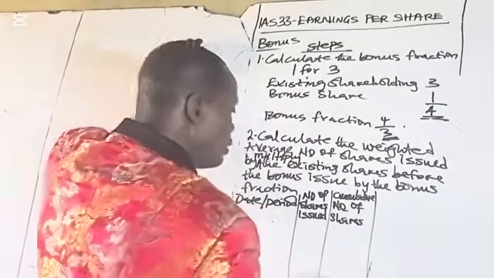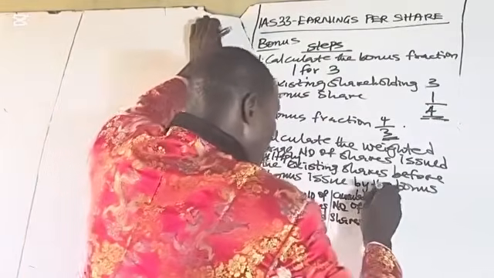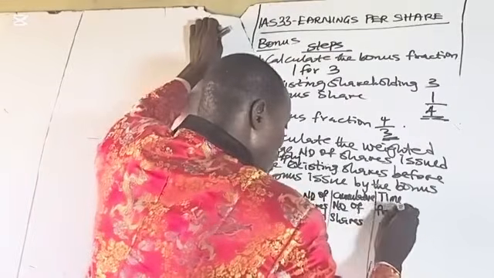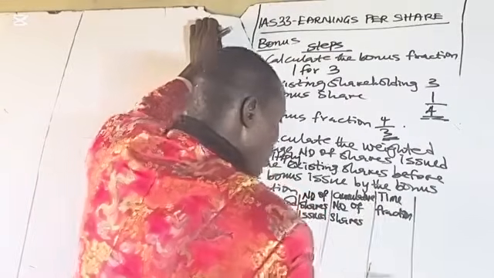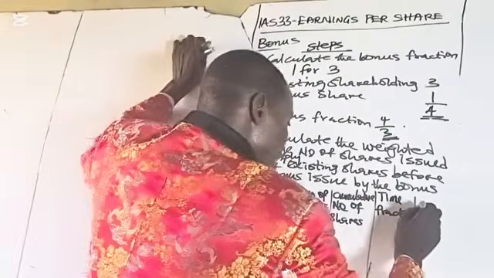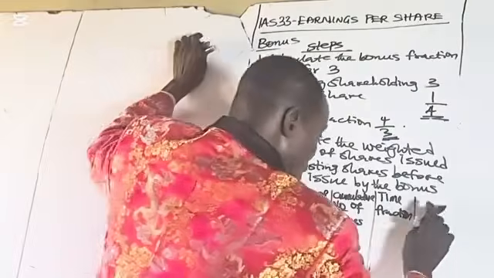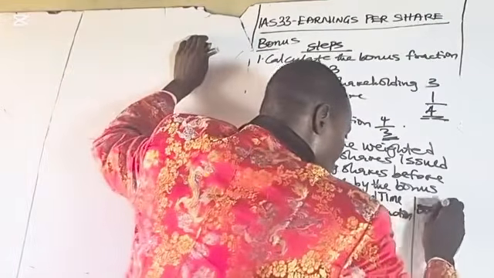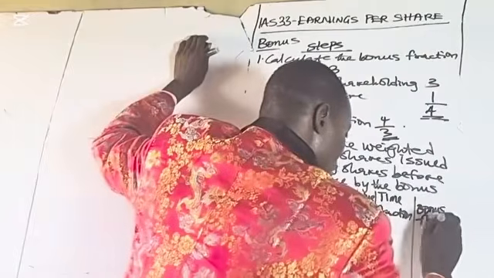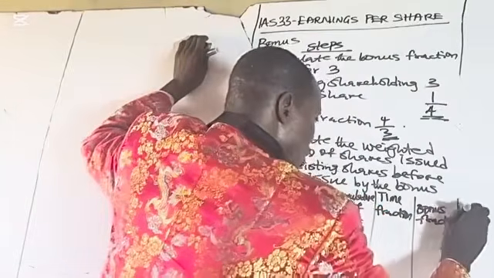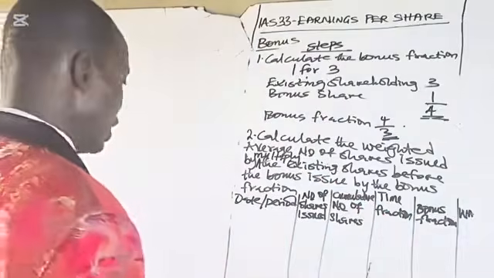Then this cumulative number of shares you multiply by time fraction. Then for the existing shares, you multiply by the bonus fraction. And that will give you weighted average number of shares issued.